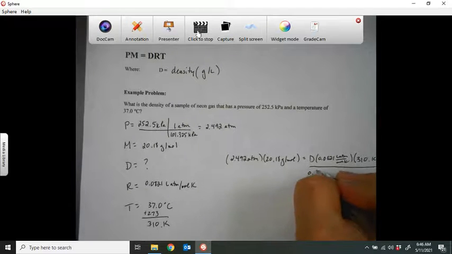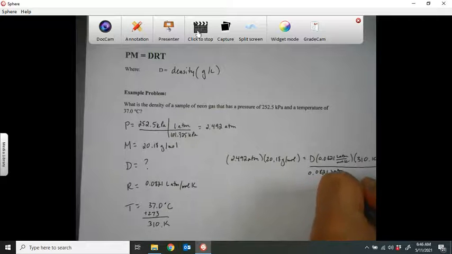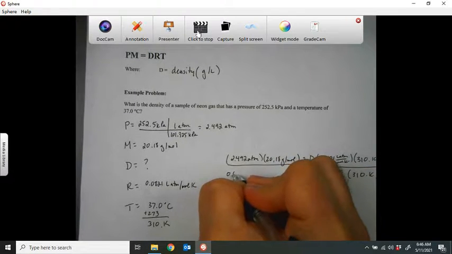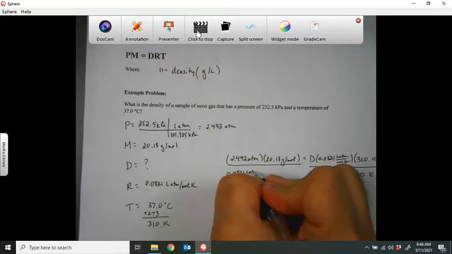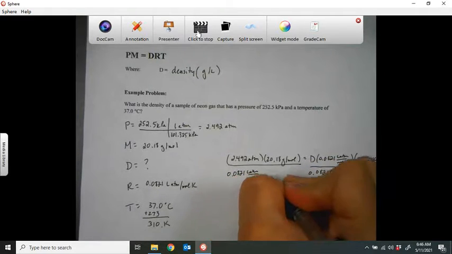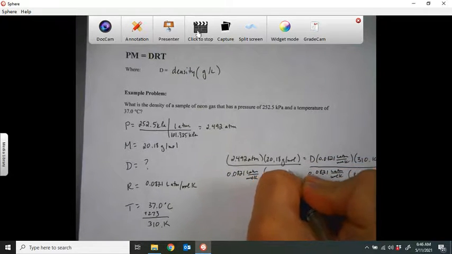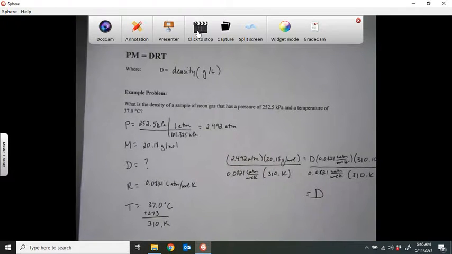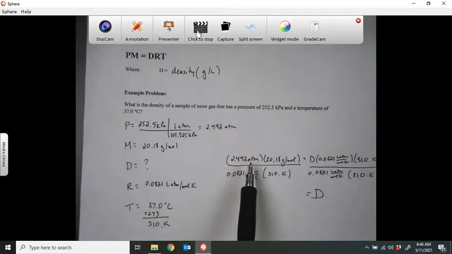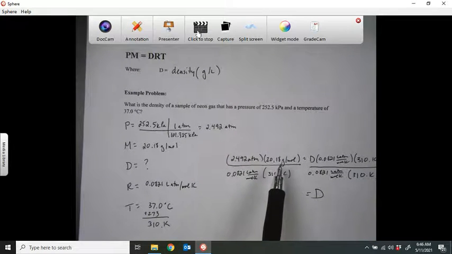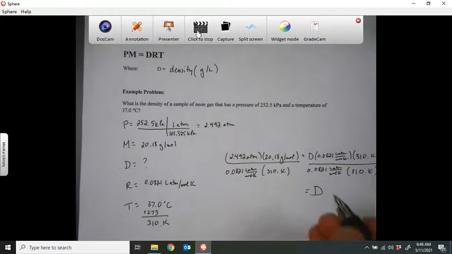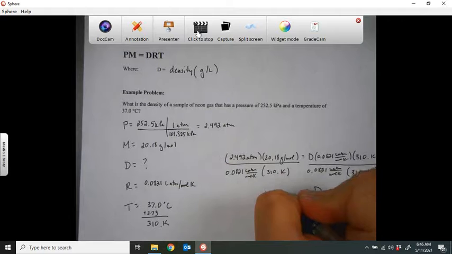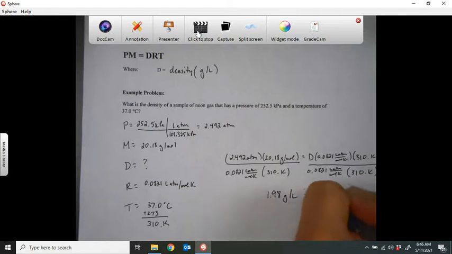So we're going to divide both sides by R and T. In the calculator, 2.492 times 20.18 equals, divided by both of these numbers, and with three significant figures, we get 1.98 grams per liter, and that is our density.